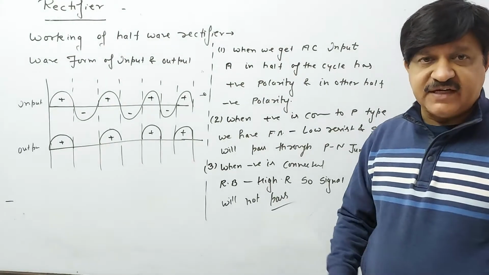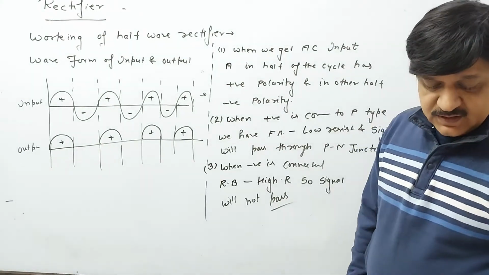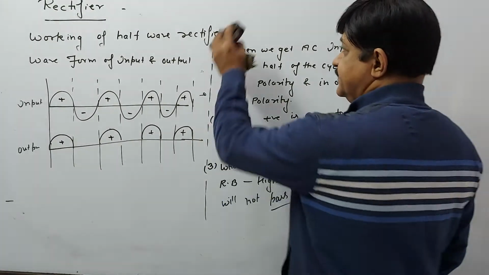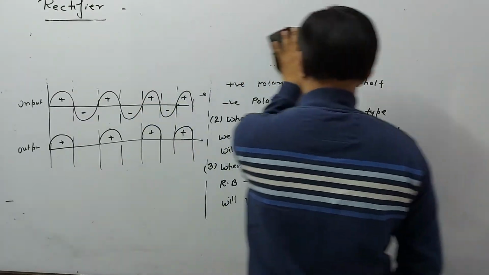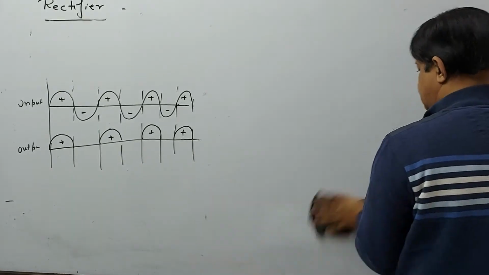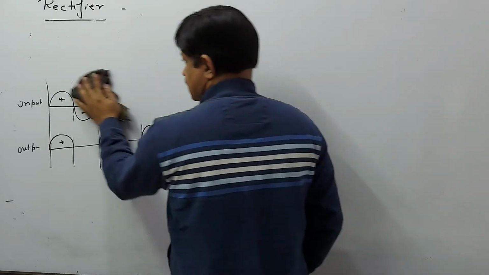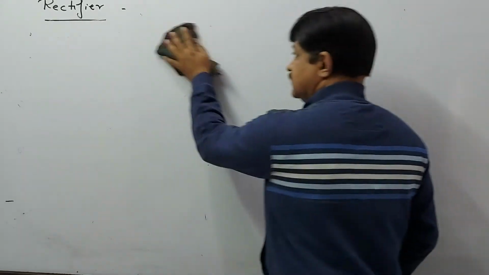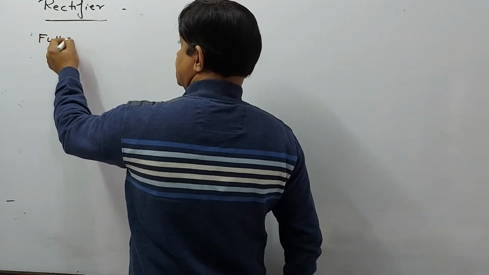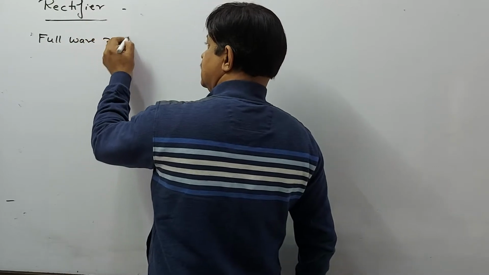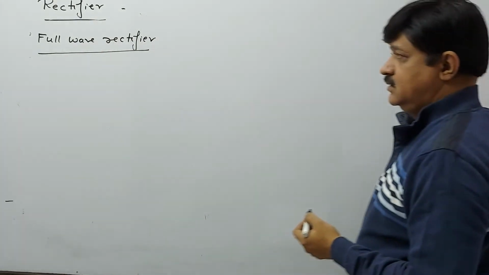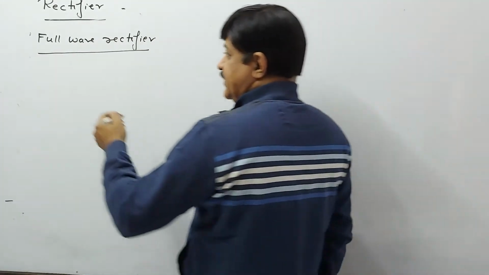To get the full wave rectification, we need a minimum of 2 diodes. And here we have the next concept called full wave rectifier. As we know, we have 2 diodes there.